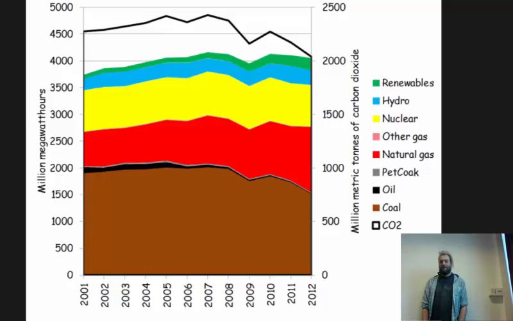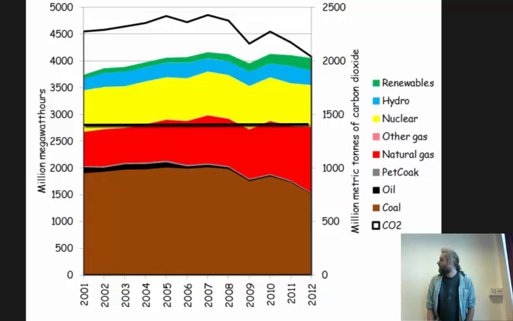At the very top, you're looking at renewables, basically constant, and in blue, you're looking at hydro, basically constant. In yellow, you're looking at nuclear, basically constant. And then if you compare the top of the red curve across time, then you see that gas and oil and coal have been roughly constant.